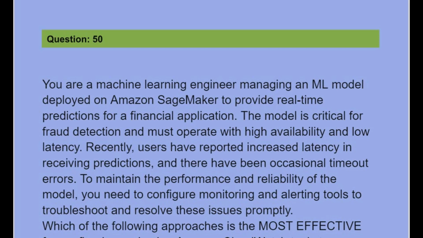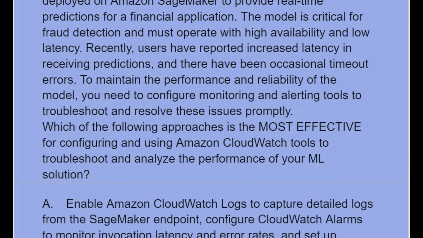To maintain the performance and reliability of the model, you need to configure monitoring and alerting tools to troubleshoot and resolve these issues promptly. Which of the following approaches is the most effective for configuring and using Amazon CloudWatch tools to troubleshoot and analyze the performance of your ML solution?